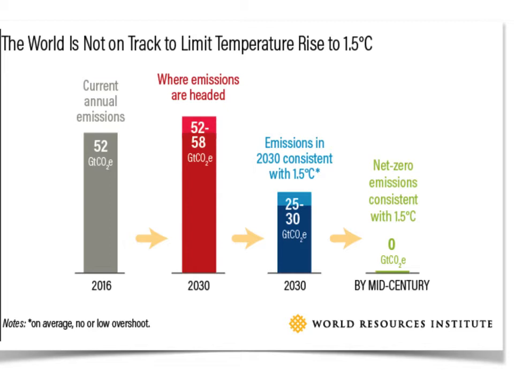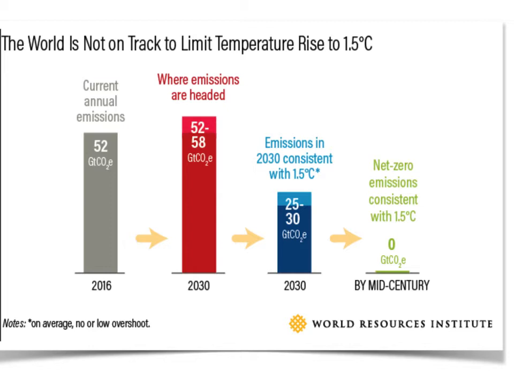In 2016 we have a current annual emission of 52. This is the carbon dioxide equivalent in the greenhouse gases, gigatons carbon dioxide equivalent, GtCO2e. This is how we express the greenhouse effects.